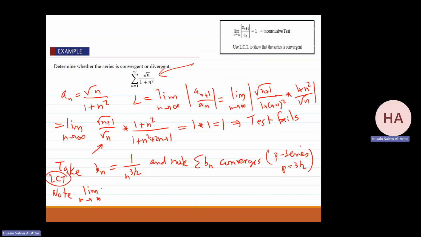And this is the test: An over Bn. That will be the limit as n goes to infinity of An times the reciprocal of this.